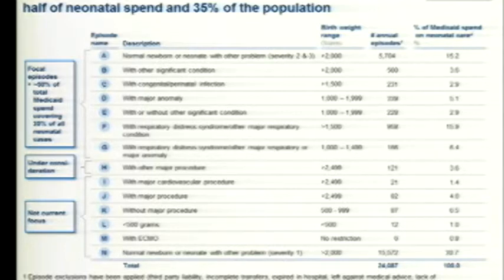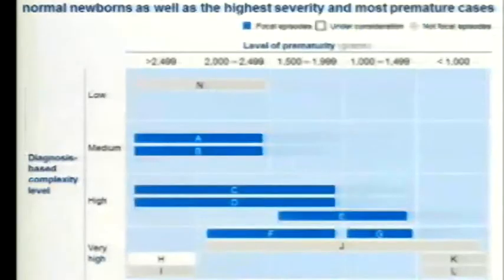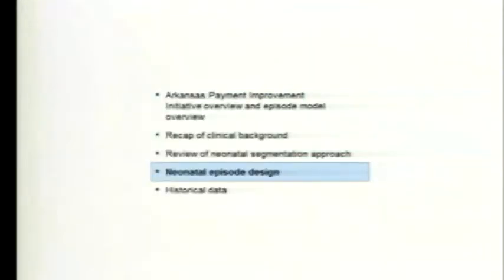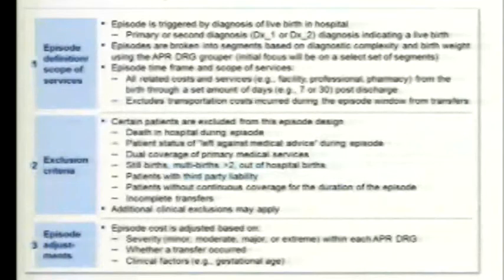Okay, so now that we have the big framework available, we start looking at episode designs for these different groupings of populations of neonates. On pages 20 and 21, this is a pretty standard way we go about defining episodes for the other episodes of care.